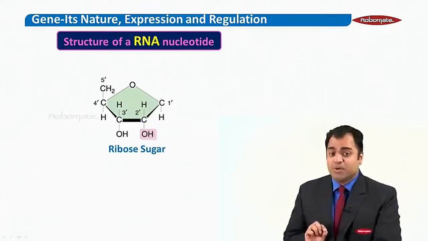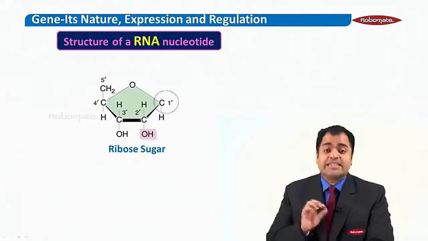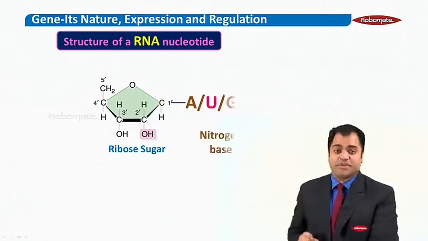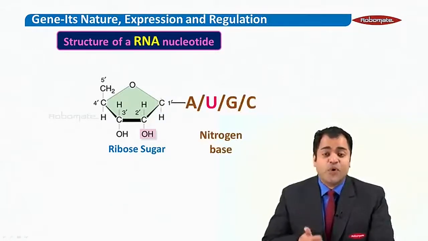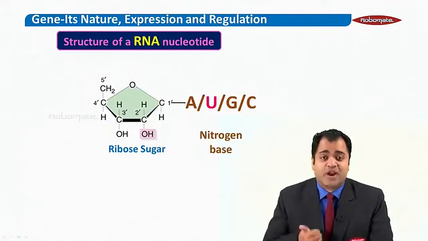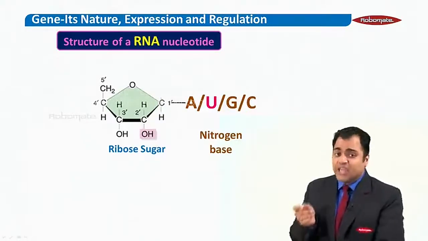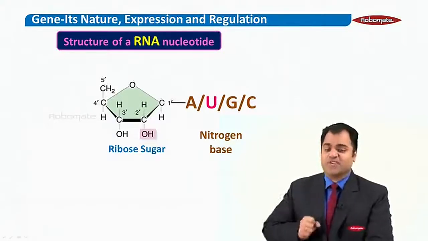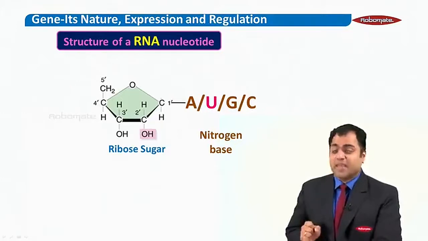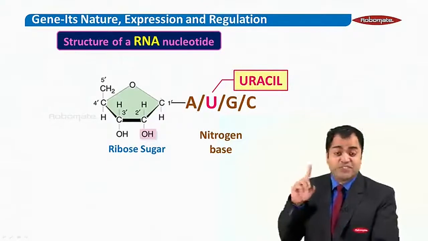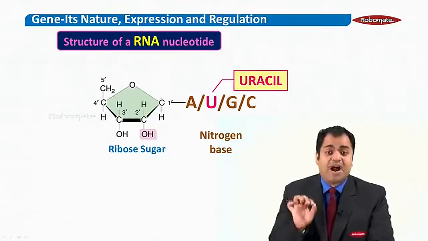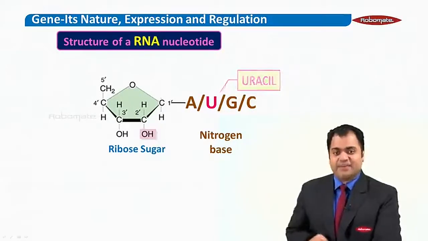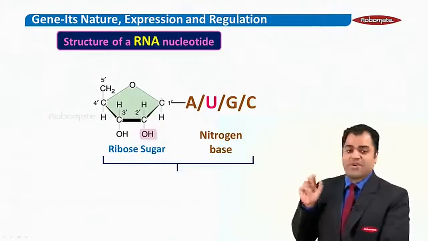Now you also know that attached to the ribose sugar is something called a nitrogen base at the first carbon. Okay? These are the four possible nitrogen bases for RNA. Either A, U, G or C at carbon 1 of the ribose sugar. Is that okay? Notice that U stands for uracil. Remember, RNA has uracil instead of thymine. Is that correct?